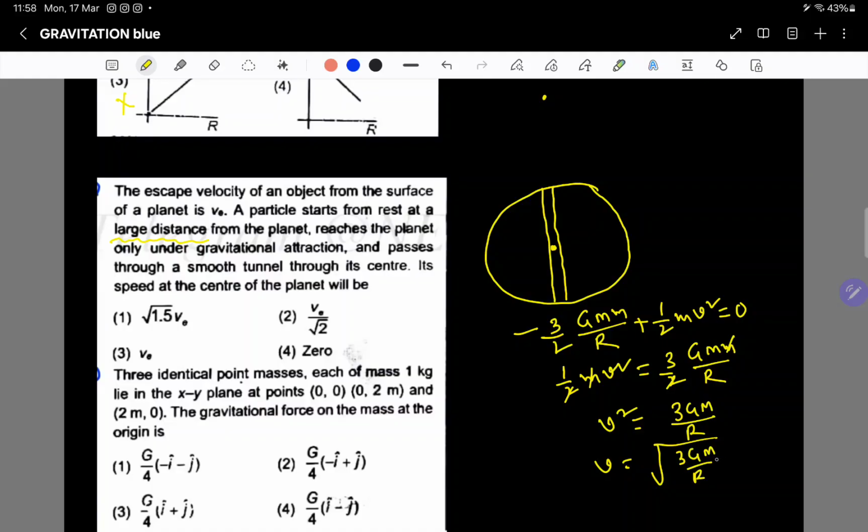Now multiply and divide this equation by 2. So 2GM by R is nothing but the escape velocity. The extra factor is root of 3 by 2, which is nothing but root 1.5.